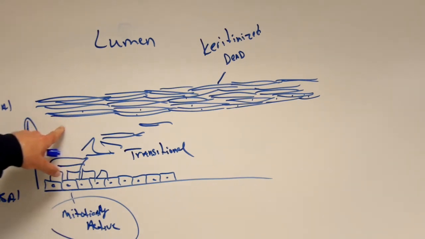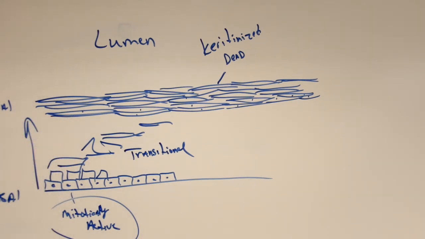At some point, as these cells move up, and we don't know exactly what the trigger is, these cells begin to digest themselves. The inside of the cell just becomes filled with all kinds of lysosomal action, breaking down the nucleus, breaking down all the organelles of the cell, and granulating them.